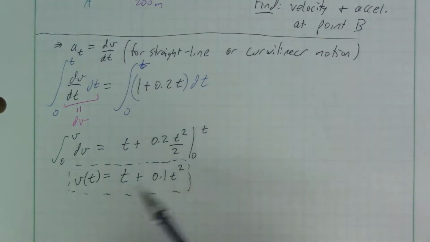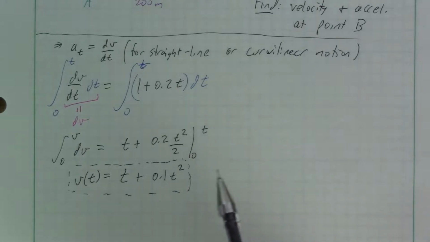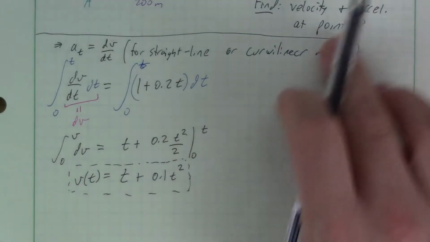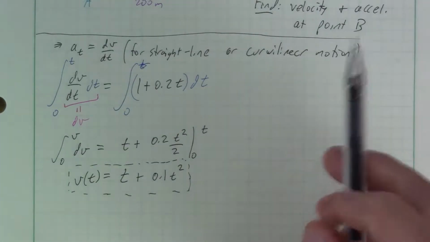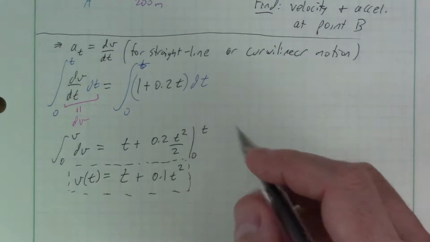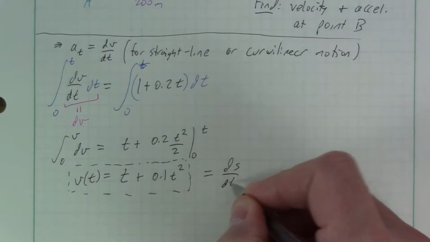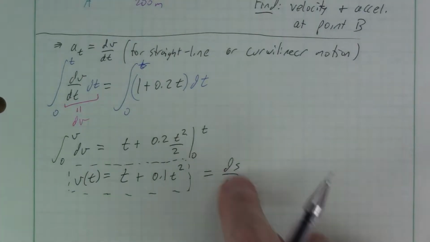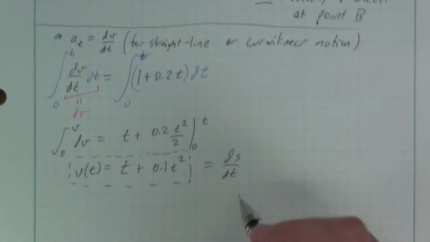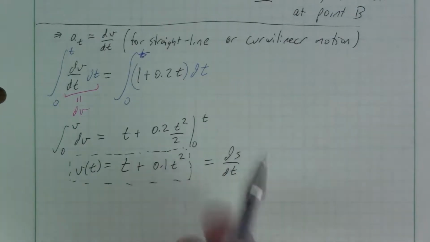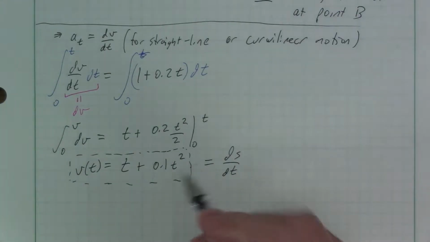So you could say, well, this is the velocity. Well, it does get us a long way in terms of the velocity, but we do need to be careful with this. Okay, so to move on, this is defined to be ds dt. We then take this relationship here, flip it around and integrate.